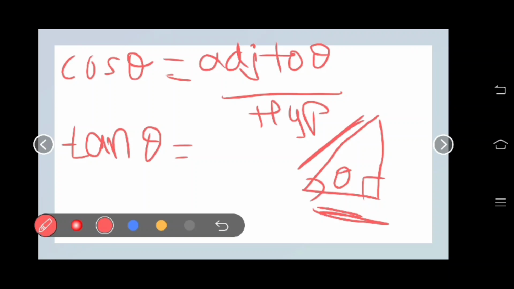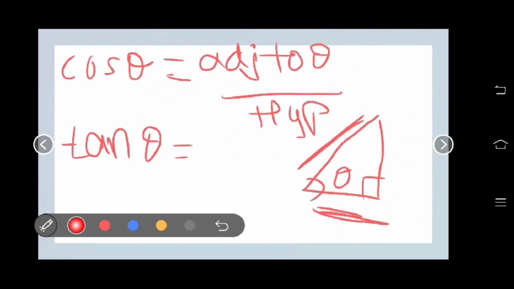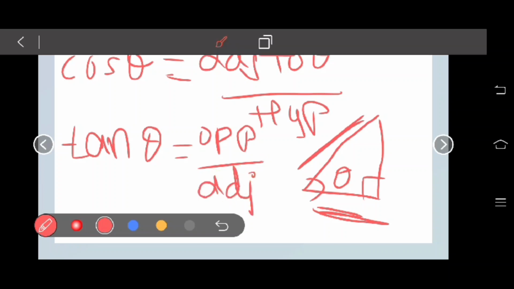In the previous slide you can see opposite to theta, and in the next slide in cos the numerator is adjacent to theta. So this tan theta is formed by using sine and cos, like opposite by adjacent. This is how tan theta forms.